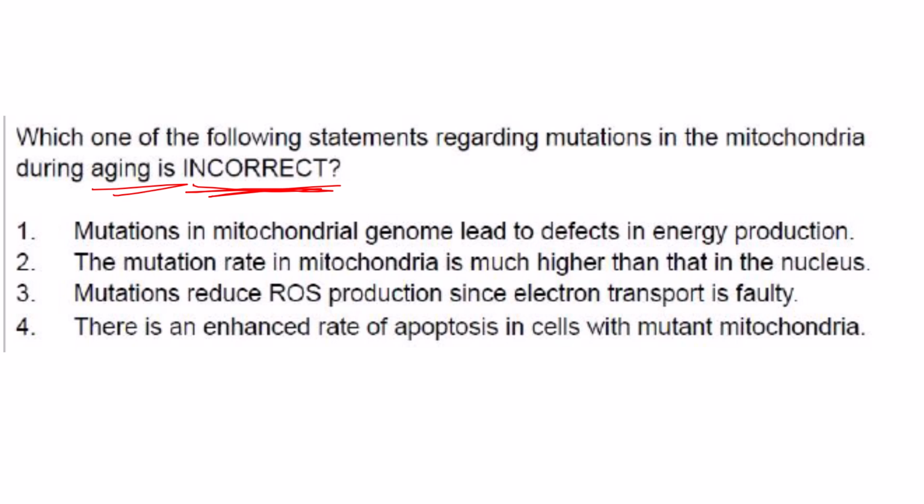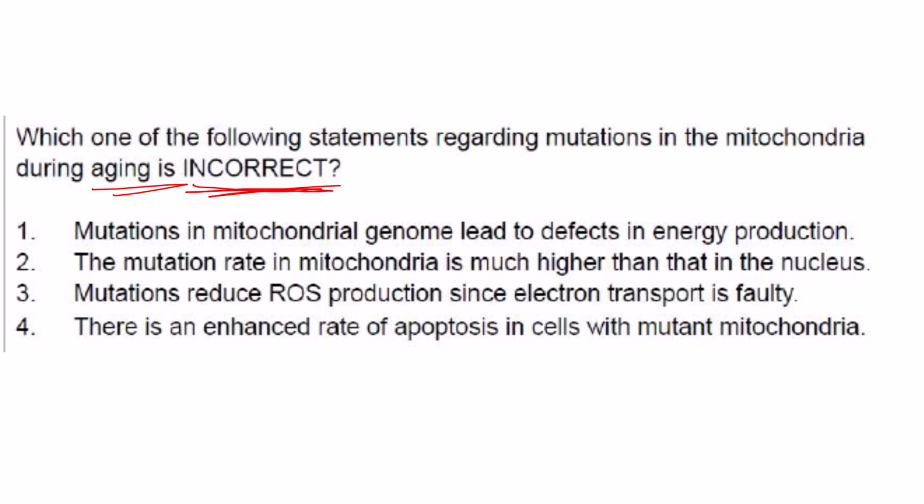Then, mutations reduce ROS production since electron transport is faulty. Now I told you in normal conditions itself, electron leakage is there once the electrons travel through the electron transport chain, resulting in reactive oxygen species production. Now they are telling that there is a faulty electron transport chain.